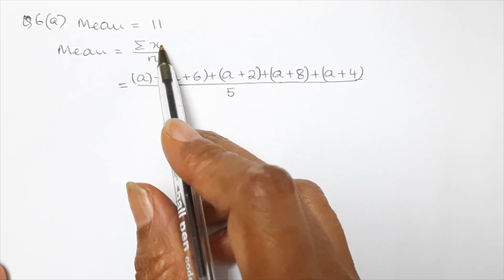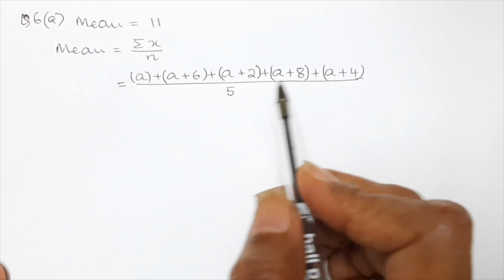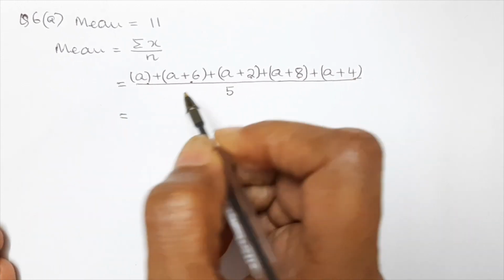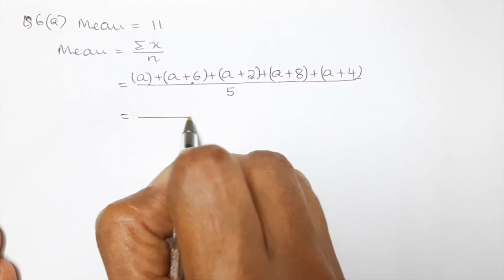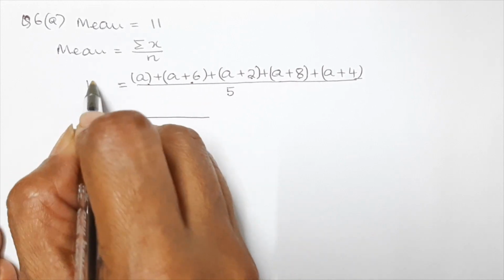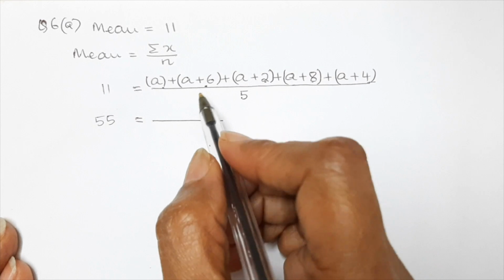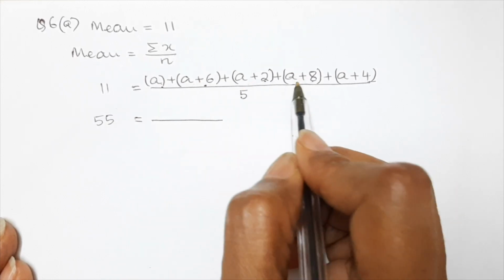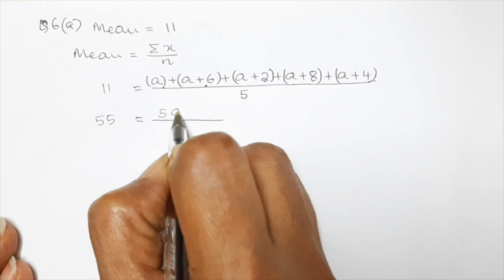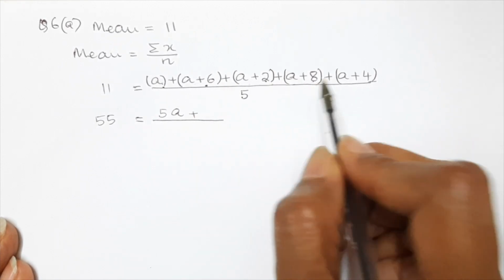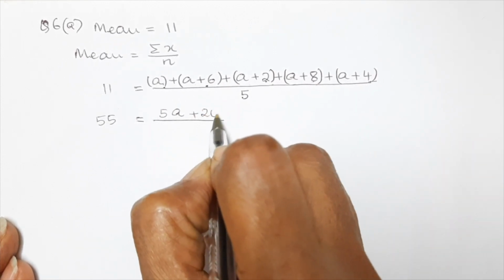What is x? X represents the observations. How many observations are there? 1, 2, 3, 4, 5. So that is going to give us here, mean is 11. So 11 into 5 is 55 is equal to 1, 2, 3, 4, 5. So 5A plus 6 and 2, 8, 8, 16. 16 and 4, 20.